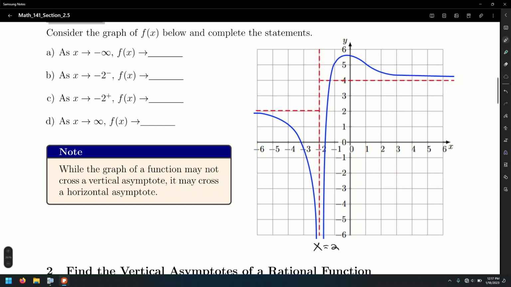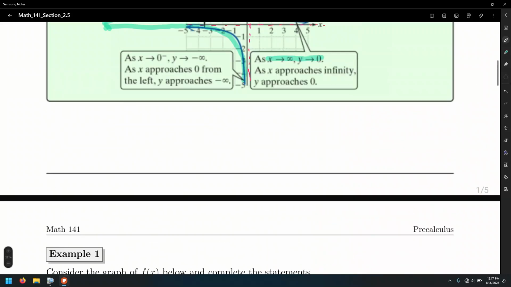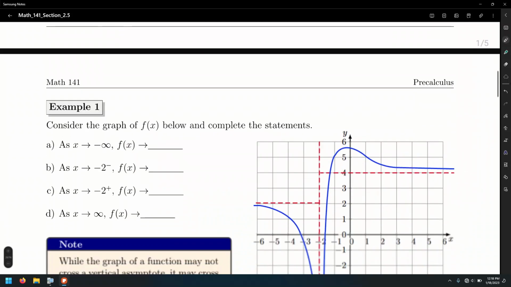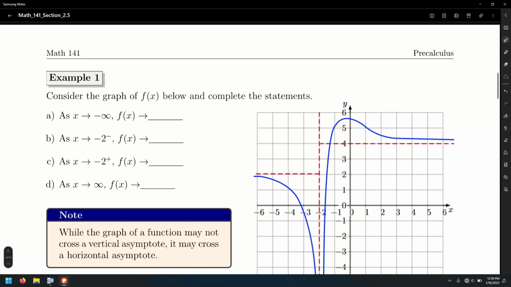And we have two horizontal asymptotes. It's actually possible to have more than one horizontal asymptote, one on top of the other, not necessarily like the graph we did before, with only one horizontal asymptote and only one vertical one. It's possible to have horizontal asymptotes at different heights.